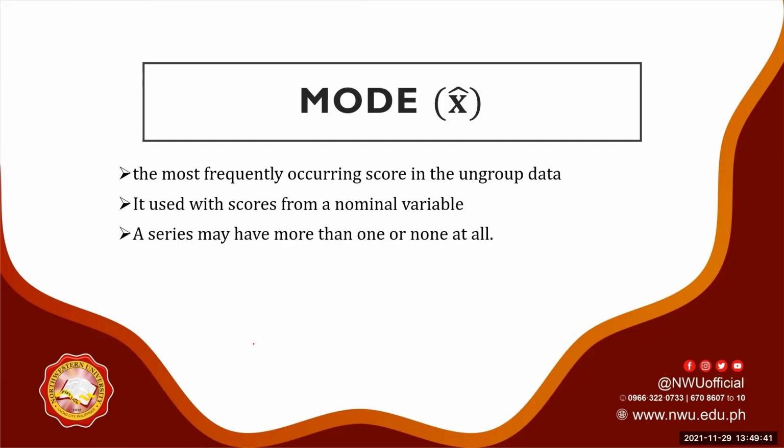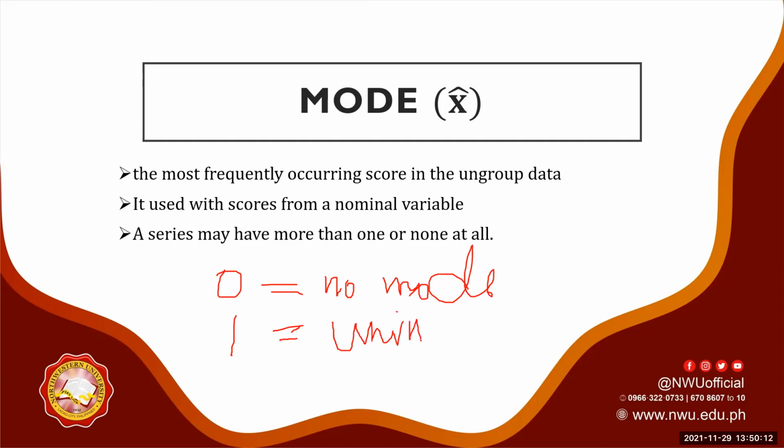Now, we can classify or pwede tayong makakuha ng walang mode, or we can say that a data has no mode kapag walang nauulit-ulit na numbers. Pwede namang isang mode lang, or what we call the unimodal. So pag 0, meaning no mode. Pag iisa lang yung nakuha nyong value or iisa lang yung may pinakamalaking value, of course, that's unimodal.